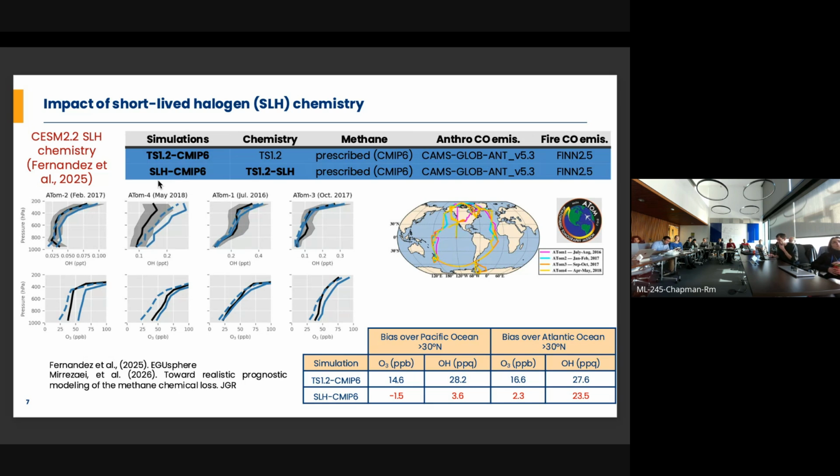And indeed, we reproduced those results that are compared here against ATom. And so in the northern extratropics, you reduce ozone, which is the main impact of using SLH, and so then you would reduce OH, especially in the winter and spring of the northern extratropics. And it shows improved results for those restrictions.